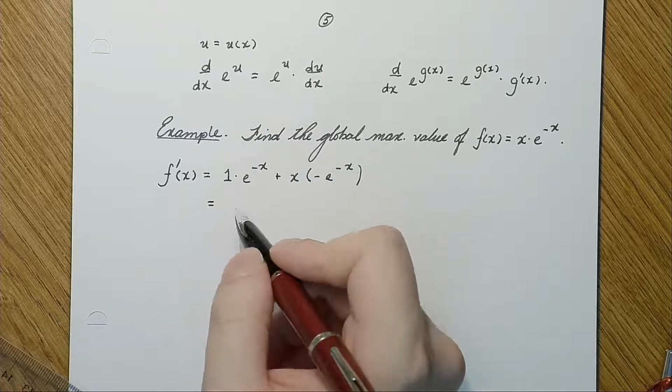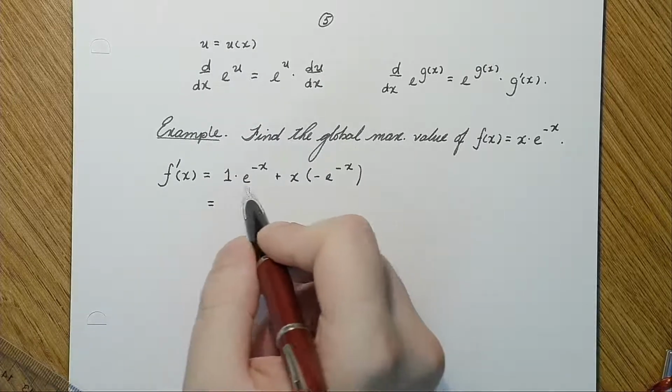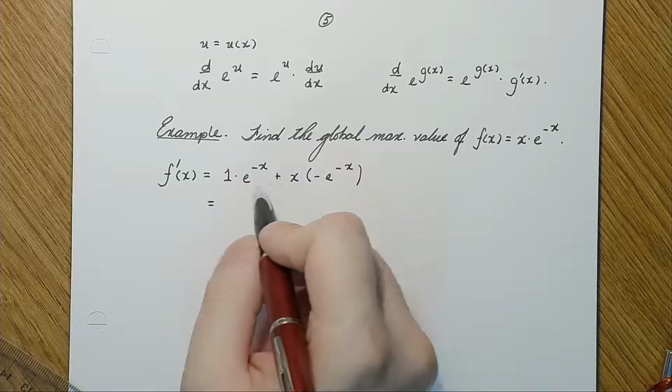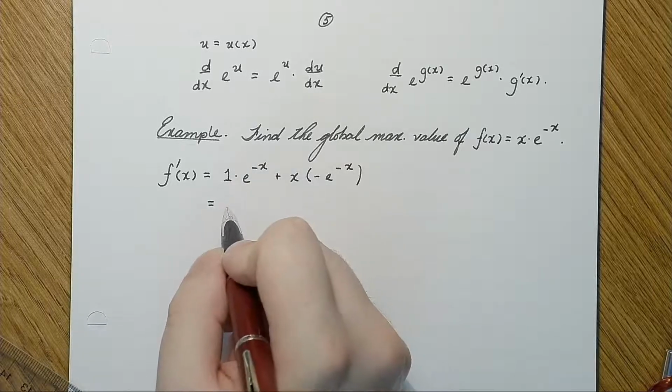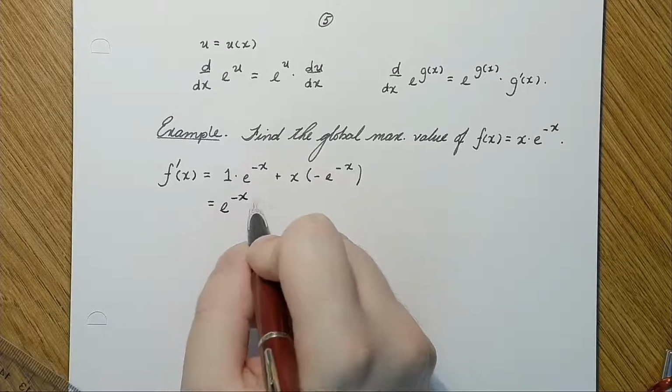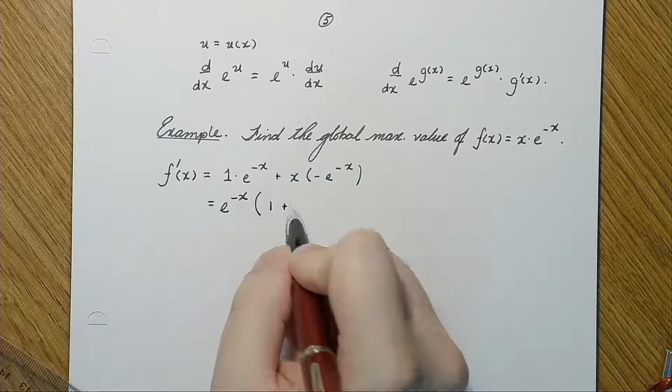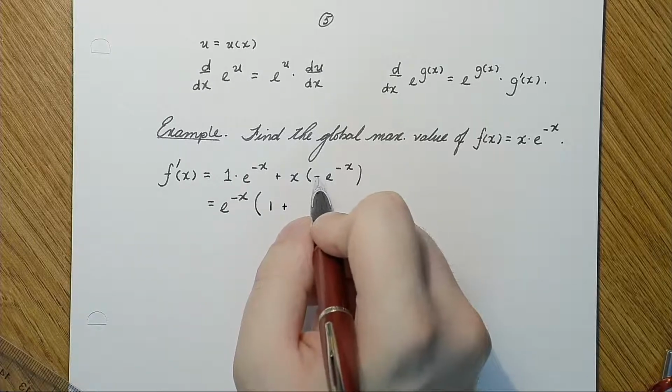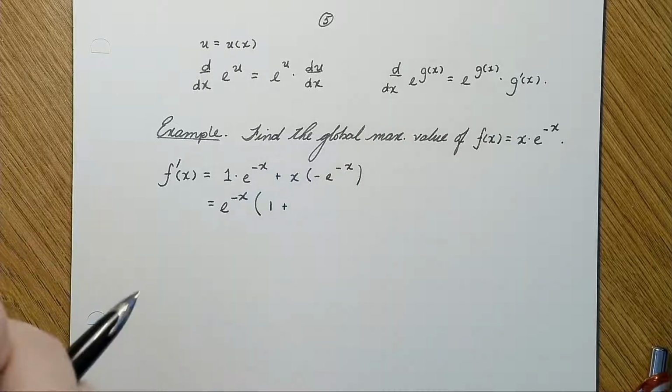Then I can factor out this e to the minus x. So I'm left with 1 plus, oh, and I have the minus here, so it's not a plus, it's a minus.